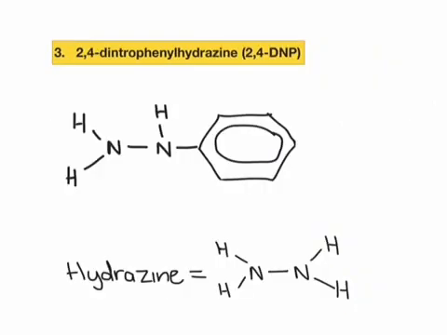Aldehydes and ketones also react with 2,4-dinitrophenylhydrazine. Now the structure is best remembered by building it up from this molecule, which is called hydrazine. And if you take away one of the hydrogens and then add the molecule onto a benzene ring, which as a substituent is called a phenyl group, then this molecule is called phenylhydrazine.